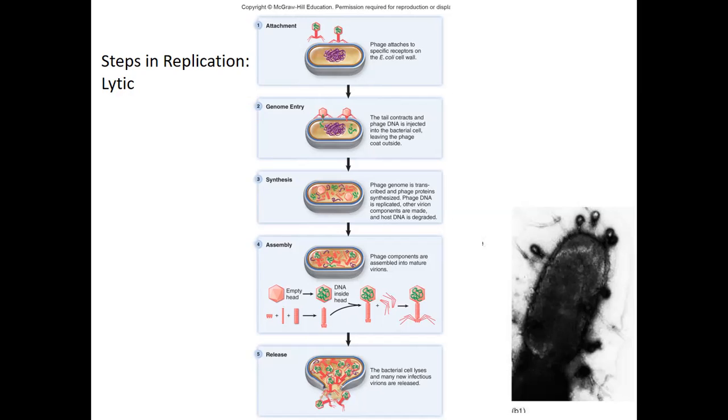Yes, ma'am? If it's not the shape that looks like the lunar lander, is it going to be able to attach without those spikes? Are you talking about the filamentous one? Like the helical and the icosahedral. Well, icosahedral is still going to have spikes on it.